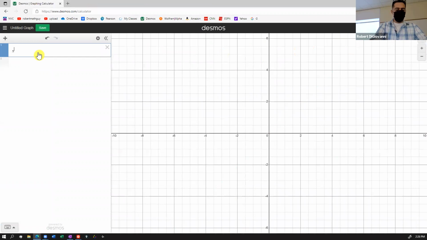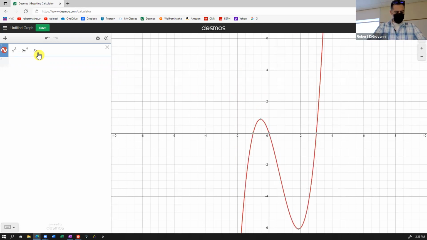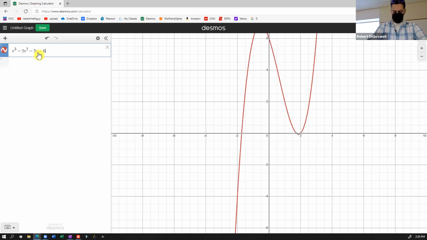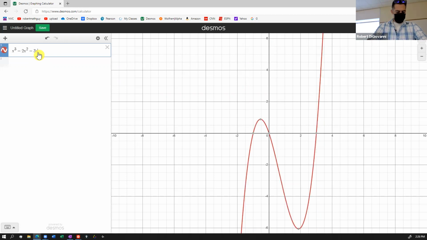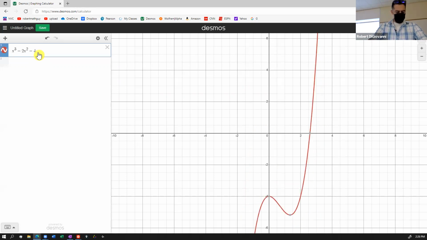Let's do x cubed minus 2x squared minus 4x plus 8.